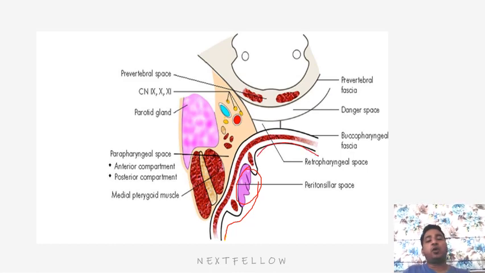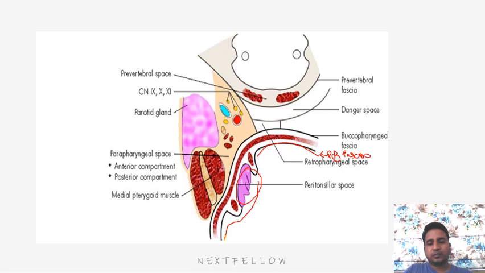Now in the posterior pharyngeal wall, there are multiple layers. The first layer is the pharyngobasilar fascia. Just try to remember: the first layer is pharyngobasilar fascia, and the next layer is buccopharyngeal fascia.